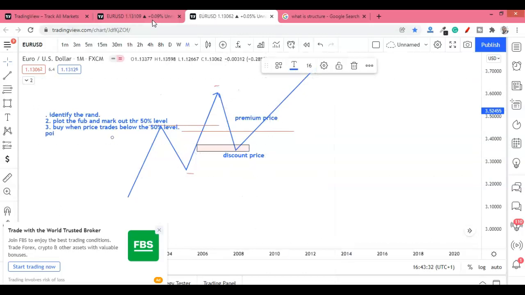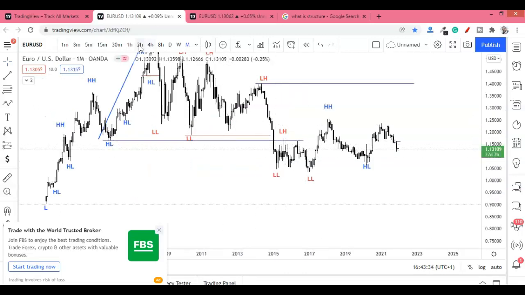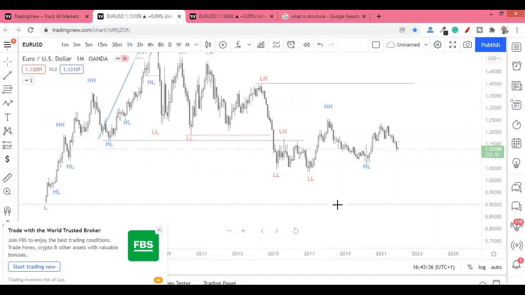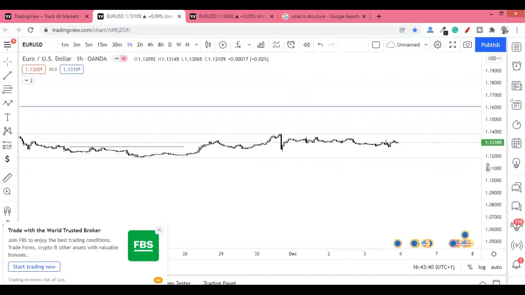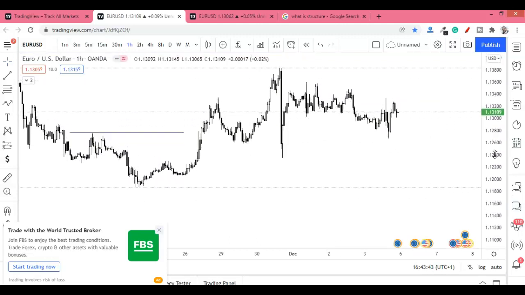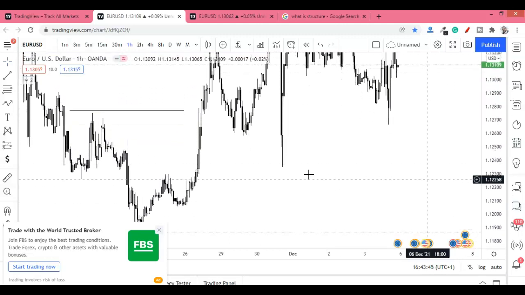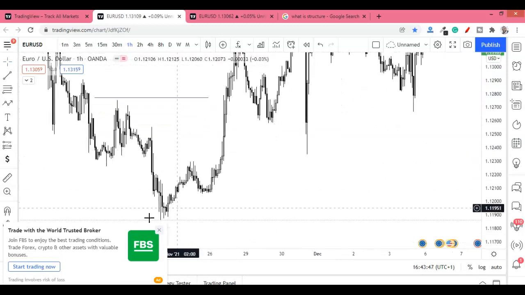Now let's go to a chart and see what we are talking about here. Now on the 1 hour, I remember a trade I took here. You can see that when price moved and broke structure here, we have our point of interest somewhere here.